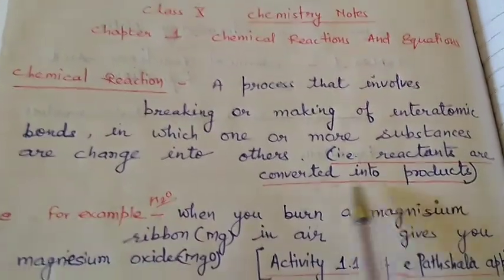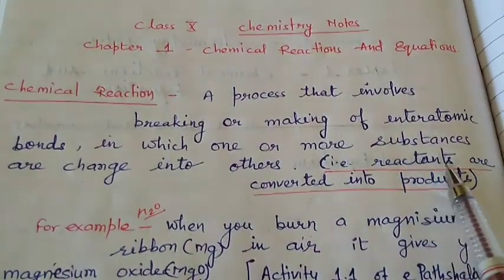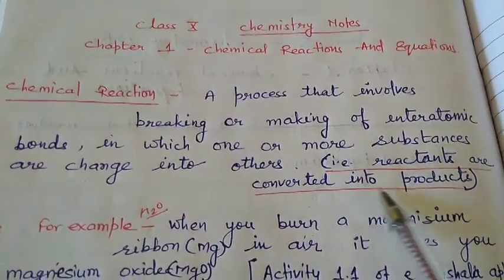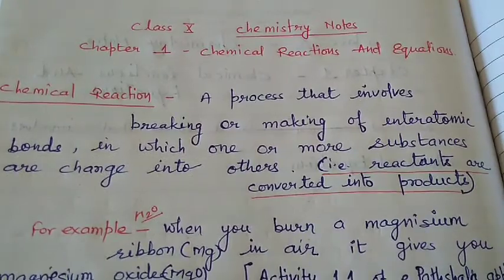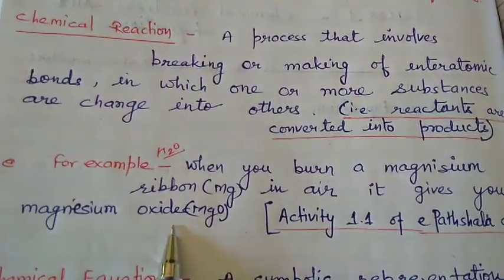The initial substance is known as the reactant. You perform an activity on the reactant, and at the end you get the products. For example, when you burn a magnesium ribbon in air, it gives you magnesium oxide.